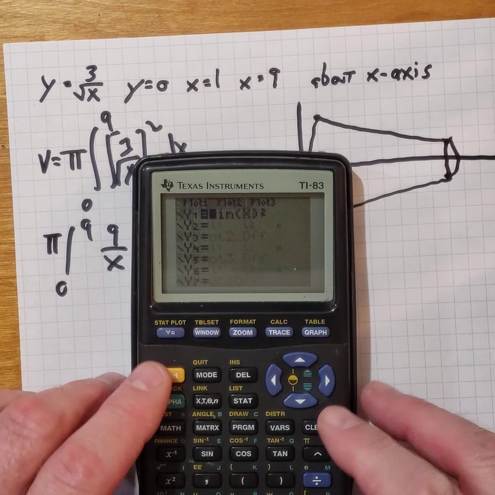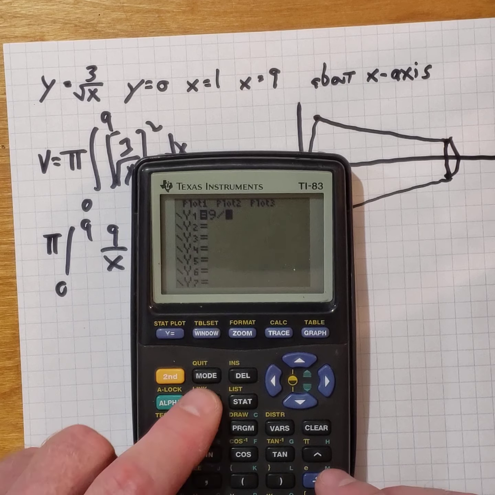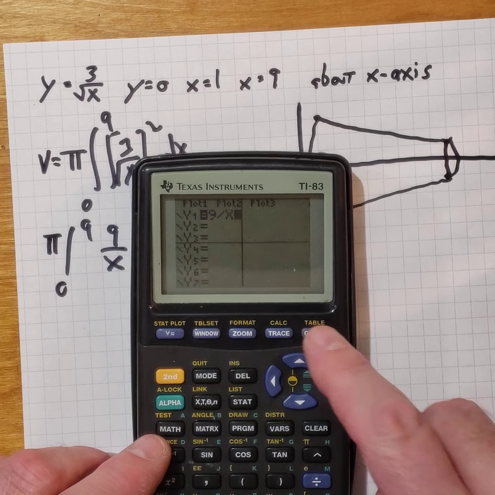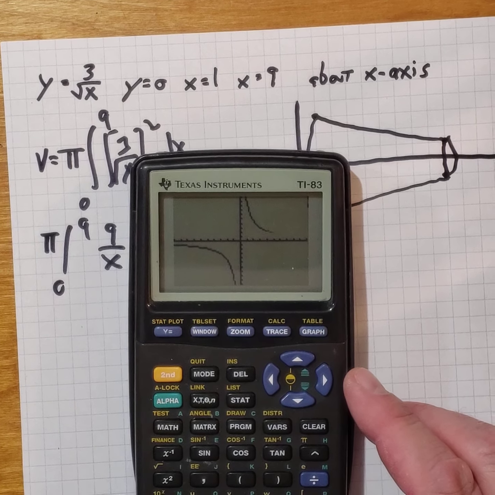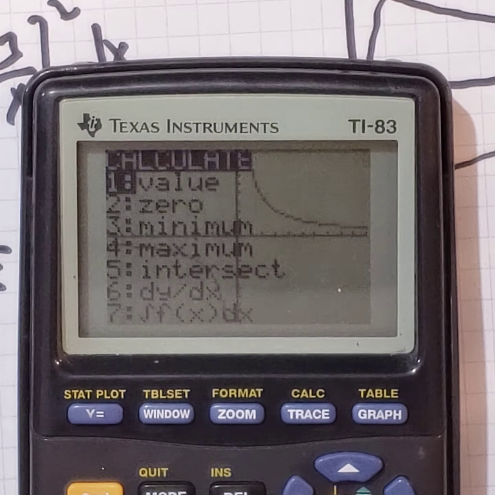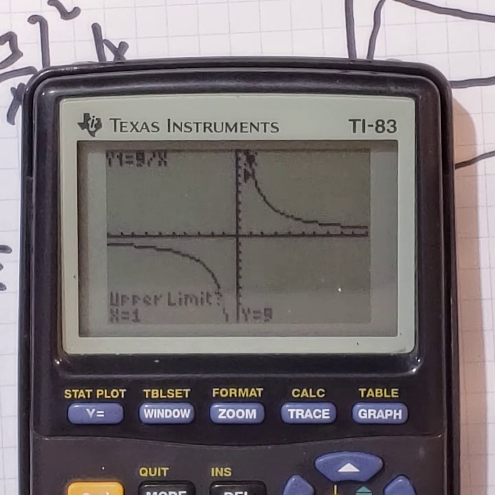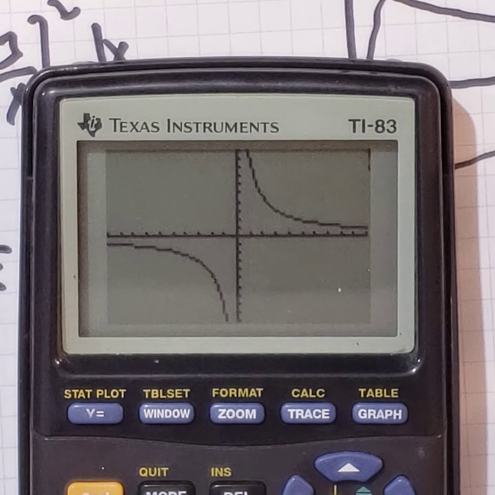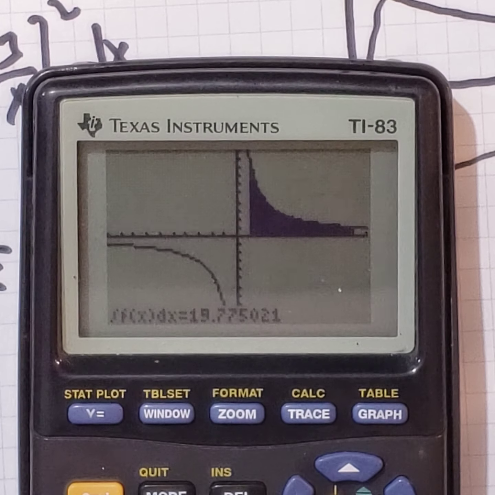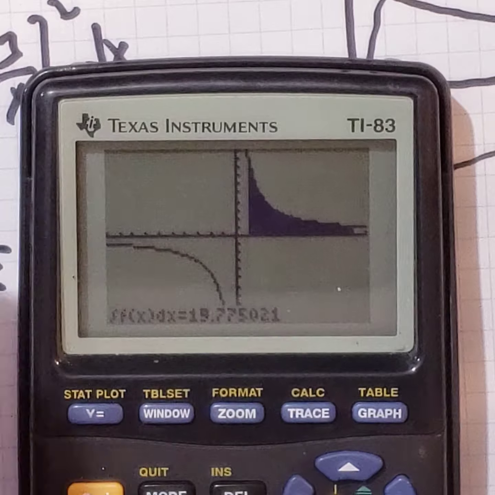So we go to put 9 over x in there, go to the graph, and do second Calc 7 from 1 to 9. And it'll give us 19.775. Multiply that by pi and we've got it.